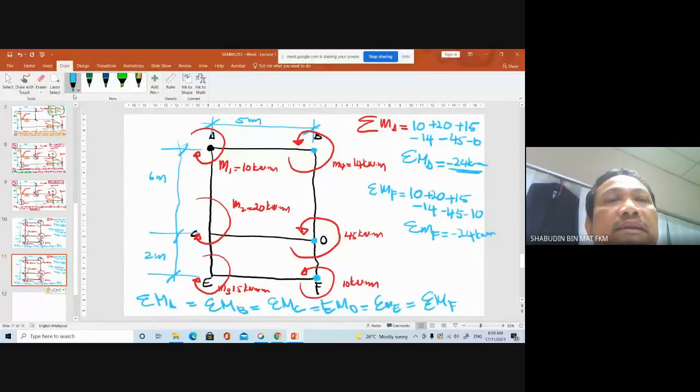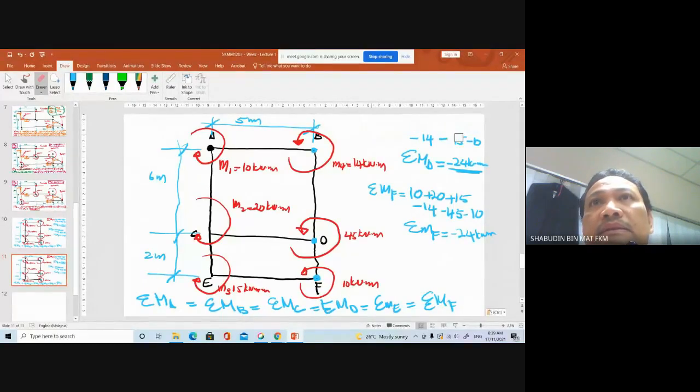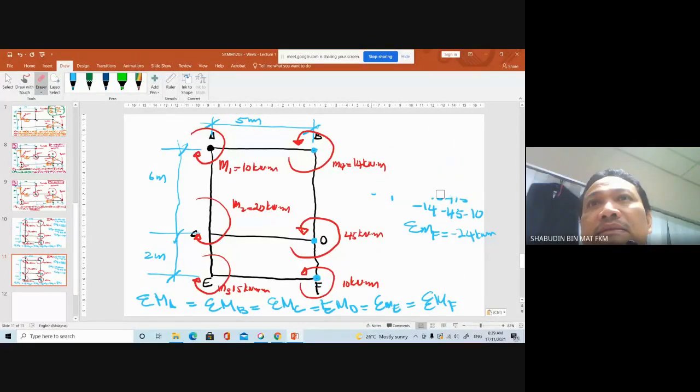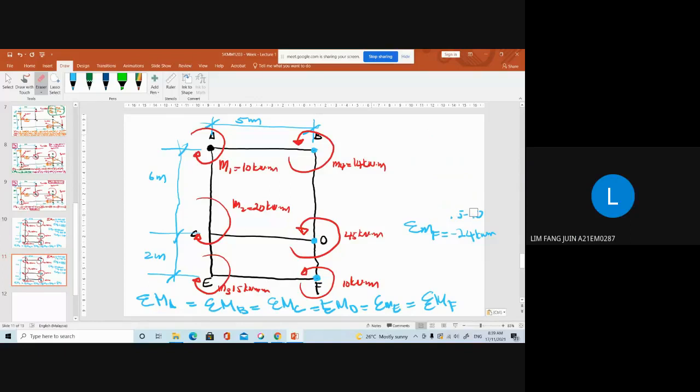So now it's a different case. If I erase every part here, so we can conclude that the system is rotating anti-clockwise.